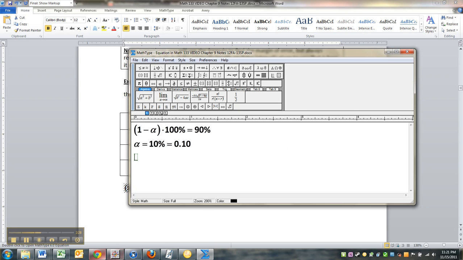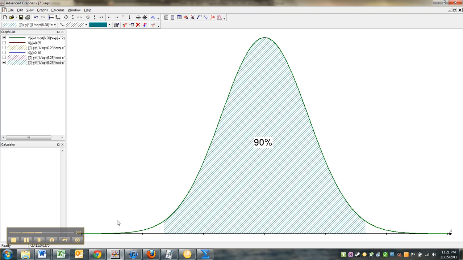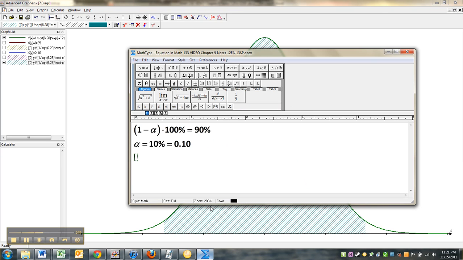So if the center is 90%, then there's 10% left out in the tails. So how much is in each one? That would be alpha divided by 2, which would be 0.10 divided by 2, which would be 0.05.